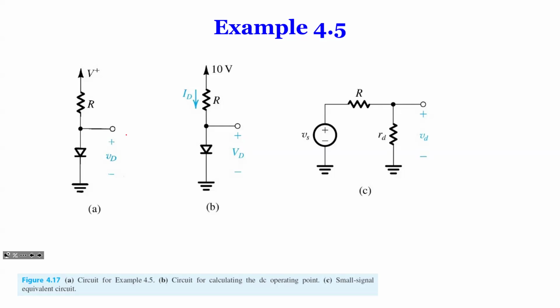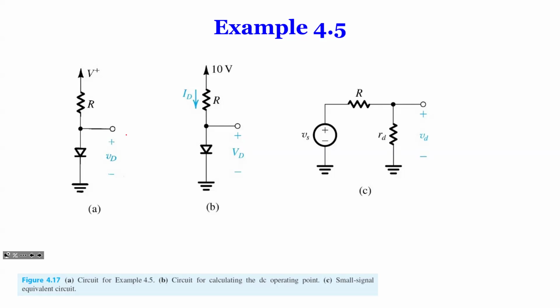So this circuit, this is the original circuit. You have V plus supply power to R and a diode. So very simple circuit. If we take it as an ideal diode, it would be just V plus over R, you get the current. If it's a piecewise linear model, you will have V plus minus 0.7 divided by R, you also get the current.